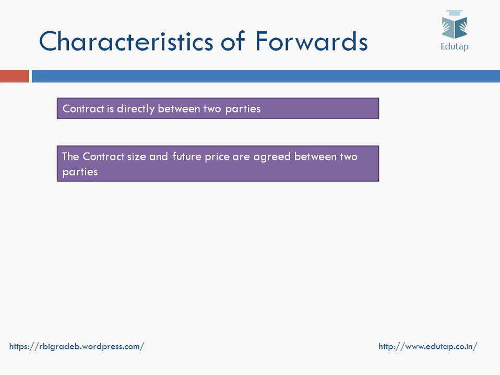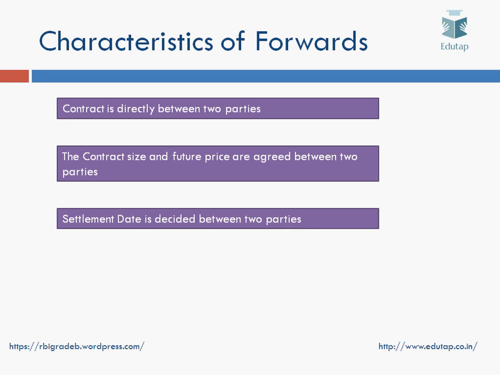So in the example of Ram and Shyam, where they agree into a contract for Reliance shares, the contract size, that is 100 shares, and the future price, which is 105, was agreed between both the parties. So they could have even agreed upon a future price of 107. So that entirely depended upon them, and when they agree upon something, obviously both of them feel that they are entering into a lucrative contract.